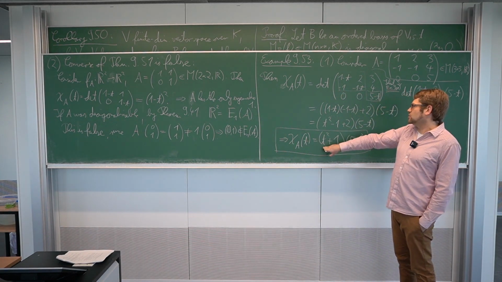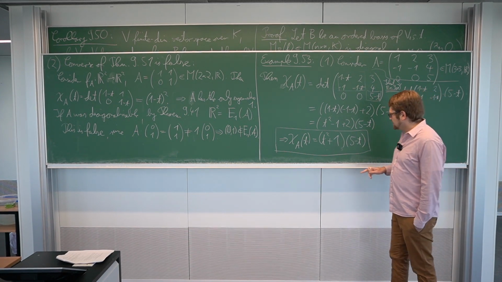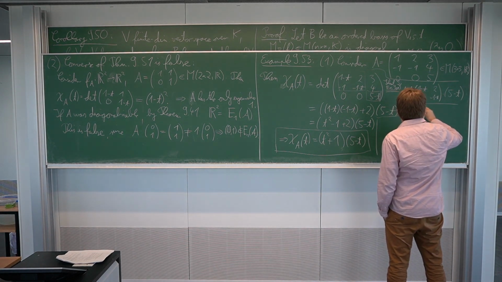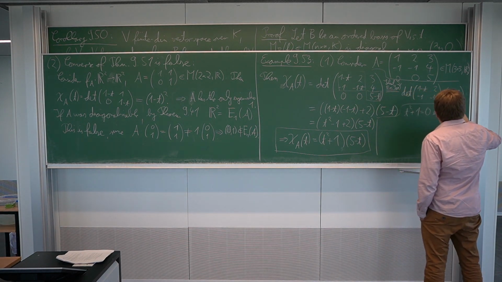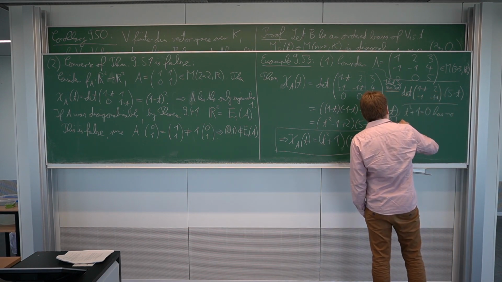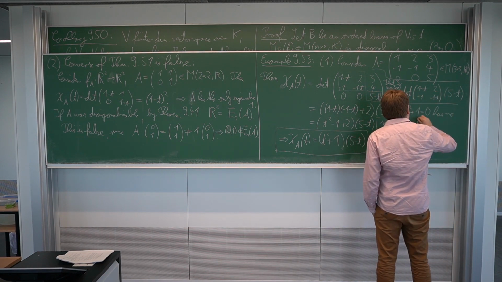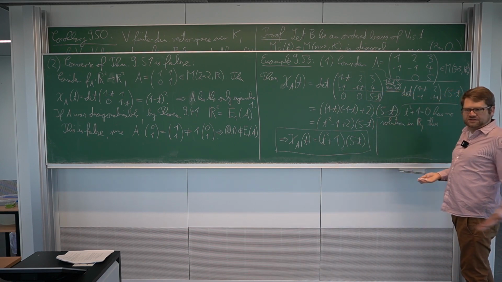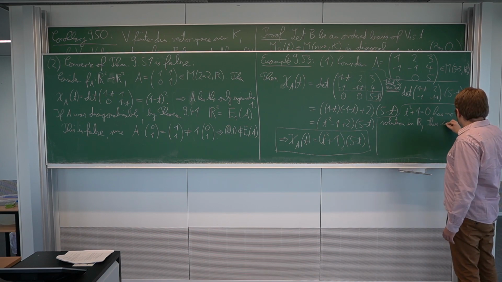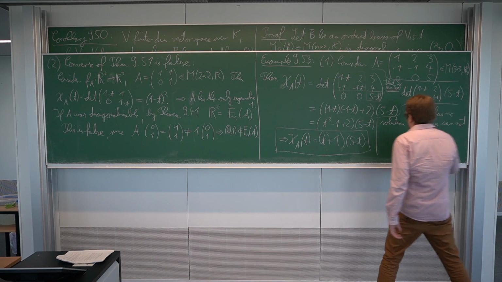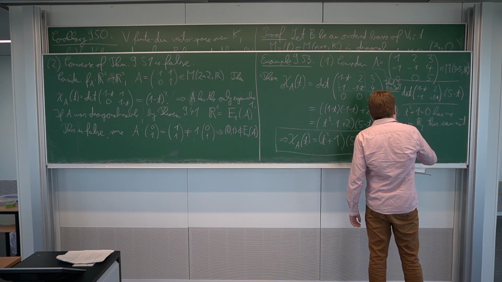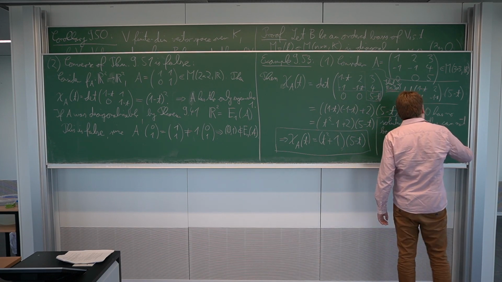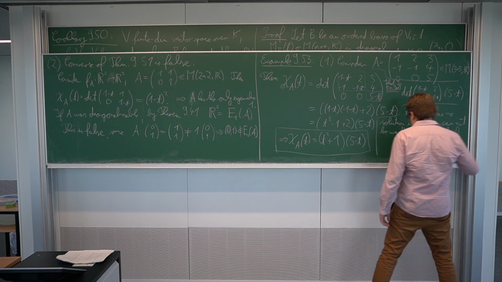This is an example of a polynomial which does not have any real solutions. t squared plus 1 equals 0 has no solution in R. This means we cannot write this as a product of linear factors, because linear factors have zeros.